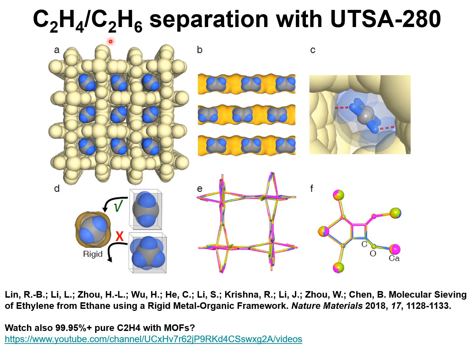So the separation is on the basis of differences in shapes. We have two-dimensional C2H4 and three-dimensional C2H6, and tailoring the pore structure such that the two-dimensional molecules can enter, whereas the three-dimensional C2H6 is virtually excluded.